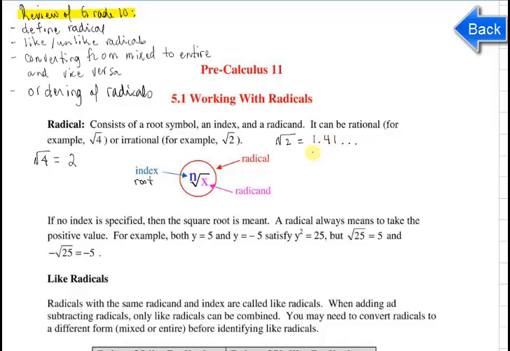And you can see that this is non-repeating and non-terminating. Whenever you have a decimal that's non-repeating and non-terminating, it is irrational. And we're talking about a decimal here.